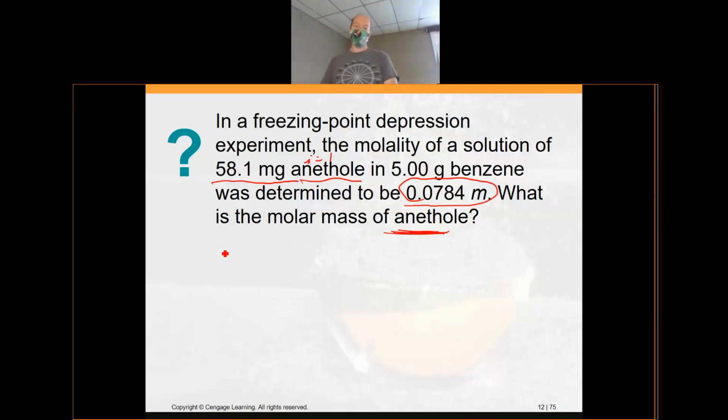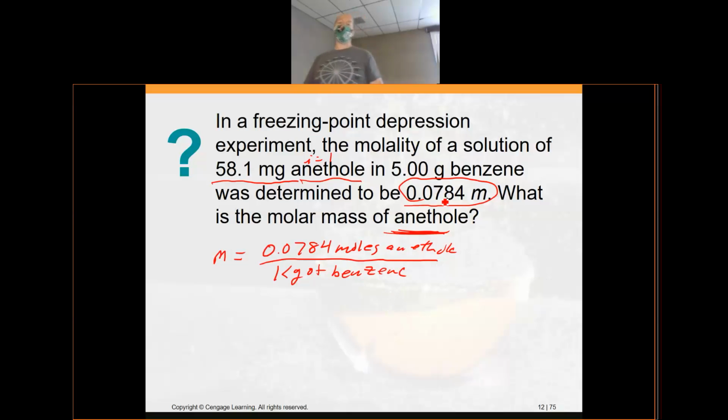And so you have to know that when you find little m, that means you have 0.0784 moles of this per kilogram of benzene. All right, so we know that.